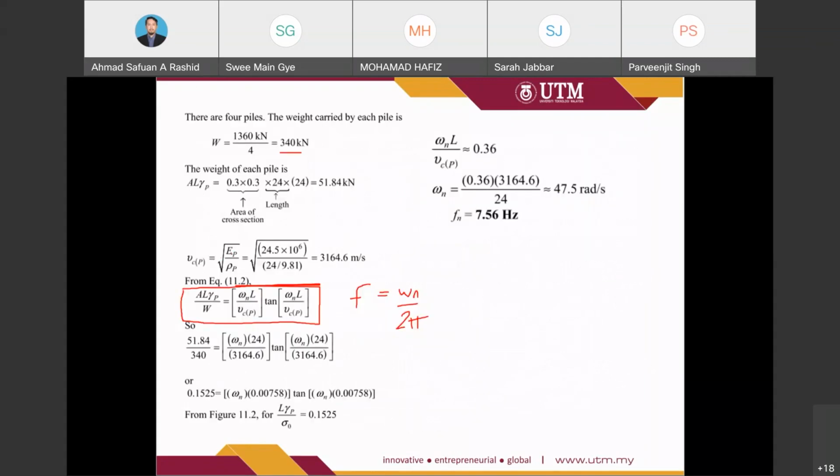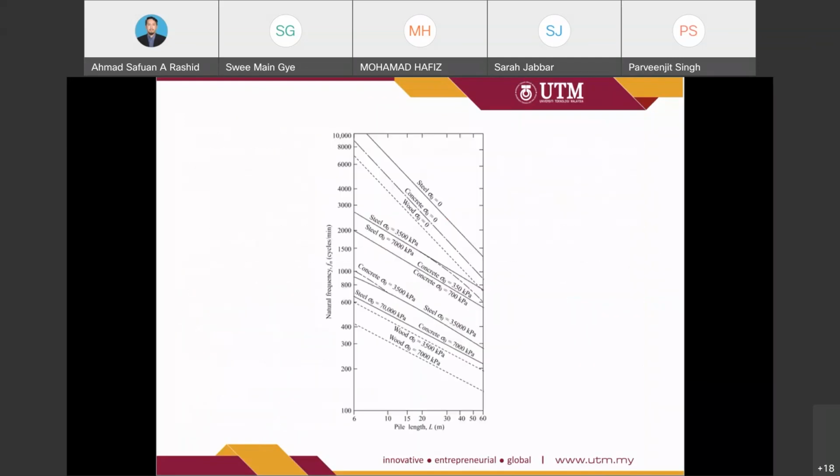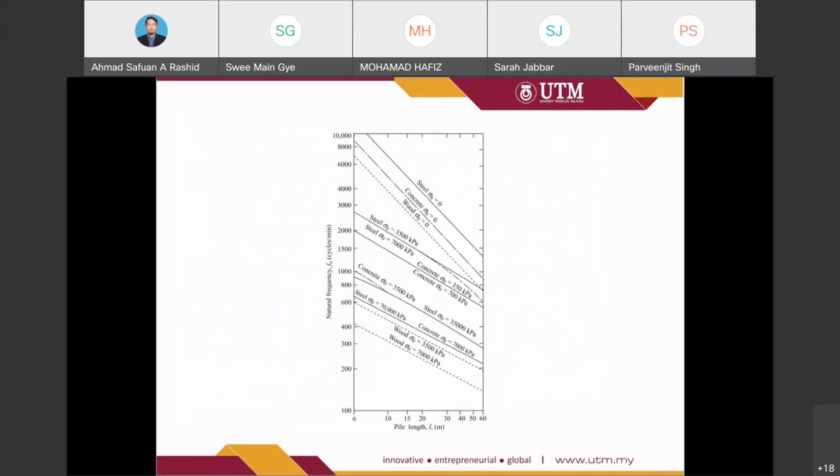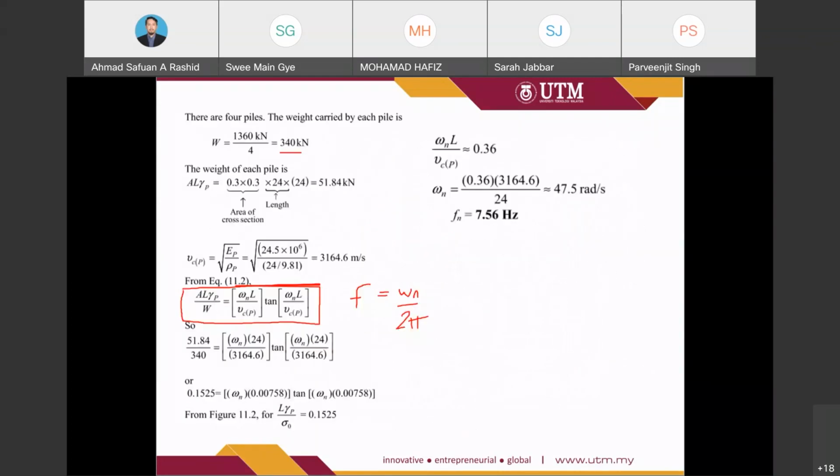V_cp is the longitudinal wave propagation velocity in the pile. So V_cp is 3164.6 meter per second. Then put in the value.